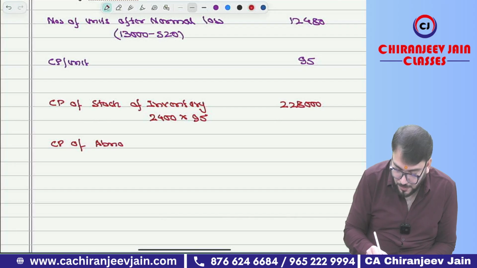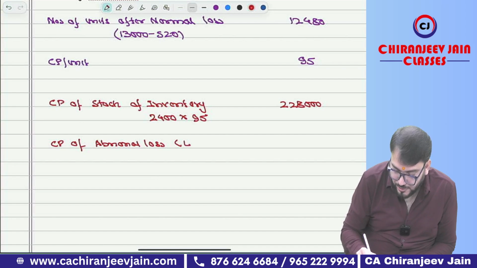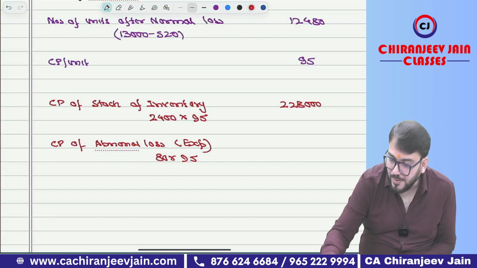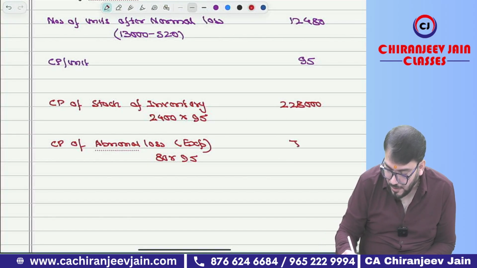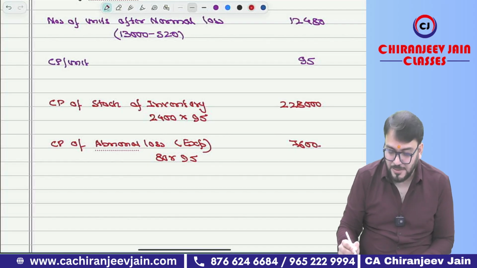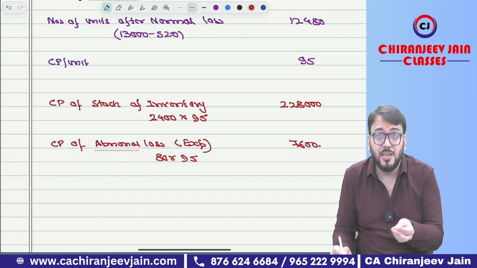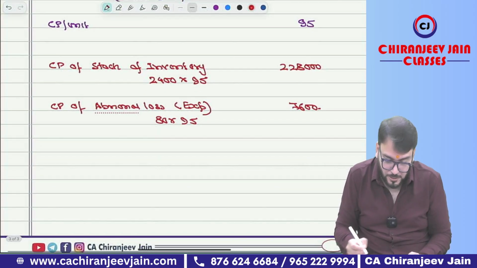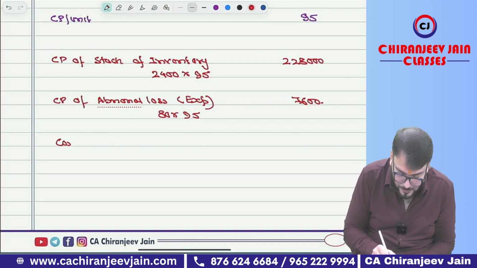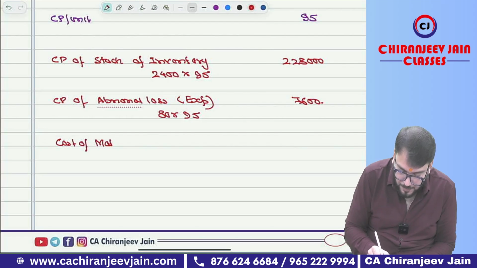Suppose they have asked you the cost price of abnormal loss. What is the cost price of abnormal loss? Means this will be charged to PL as an expense. Got this point? That will be 80 into 95. So 80 into 95 is equal to 7,600. And suppose they ask you what is the cost of consumption.